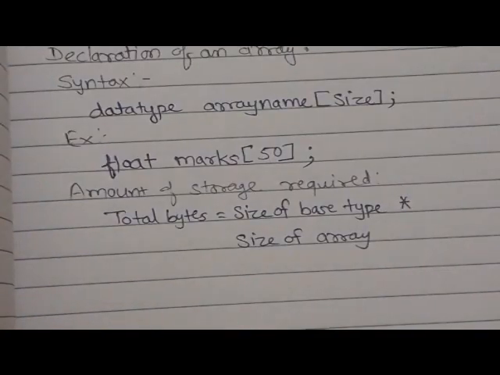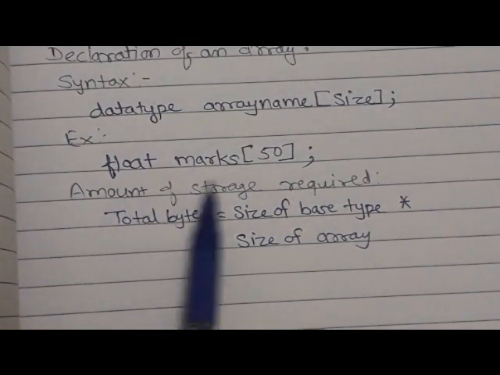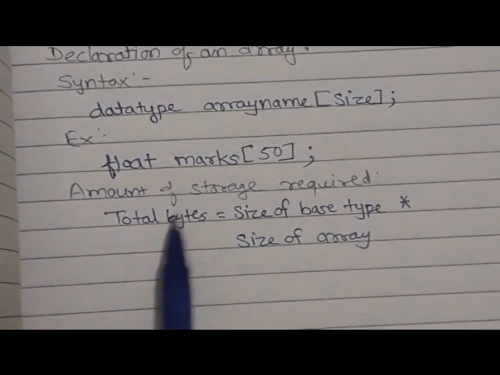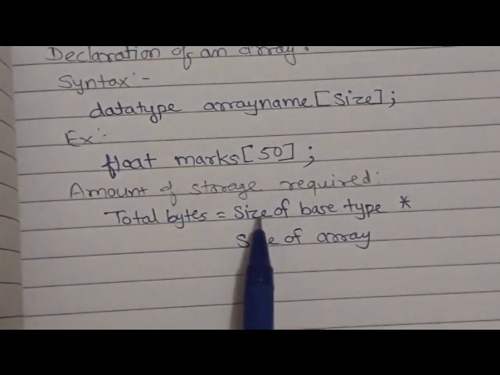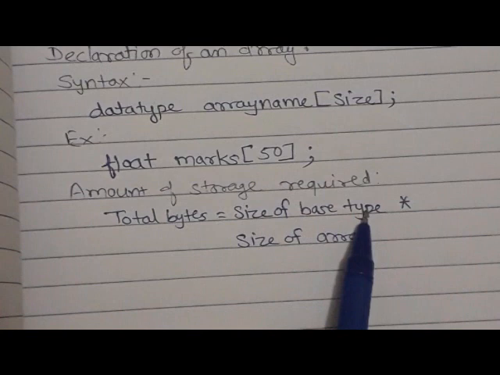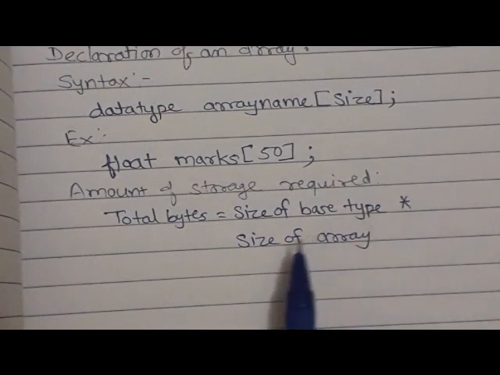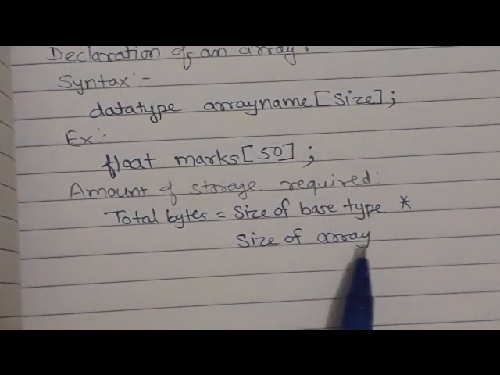Now we have to find out the amount of storage required for an array. For that purpose, we have a formula: to find the total bytes required for an array, we use the size of the base type multiplied by the size of the array.